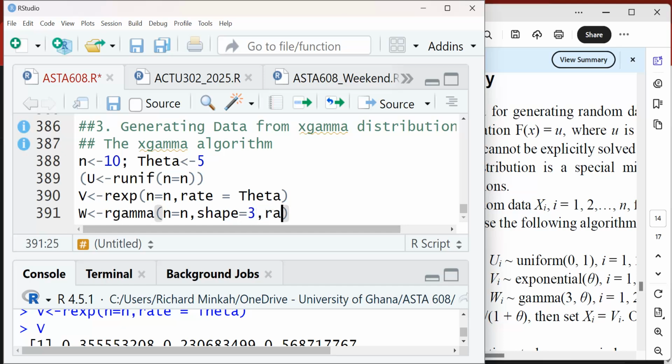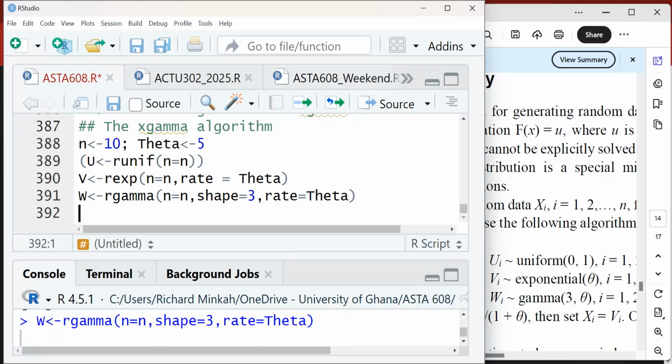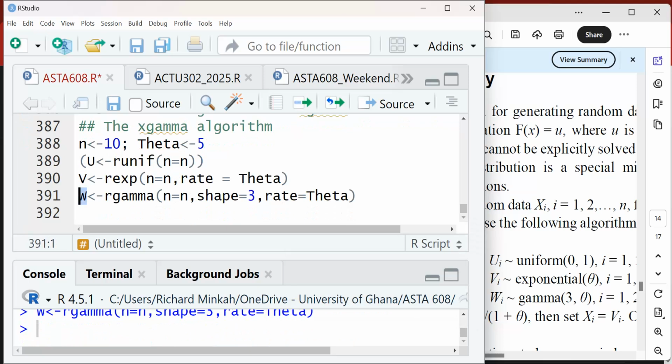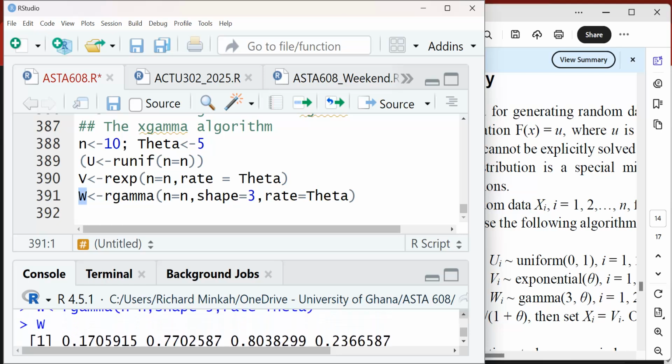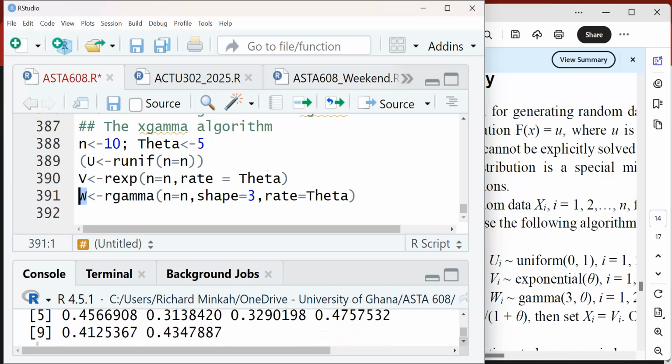And then the rate is equal to what? Theta. Okay. So I can now generate the W as well. And W is like this. That's also quite small values.